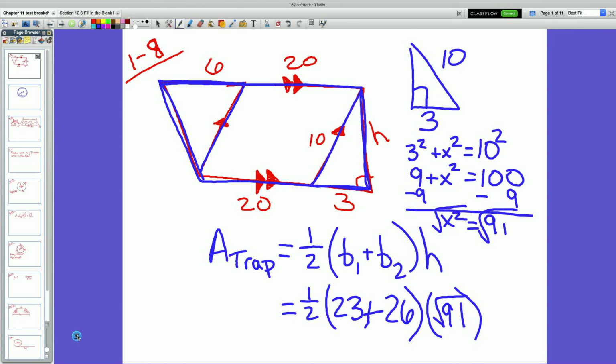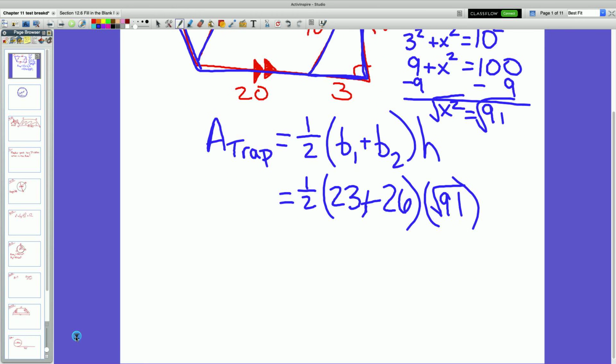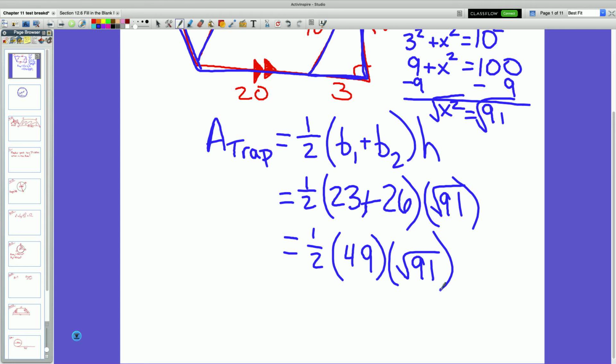And then you're going to type all this into your calculator. So you're going to get 1/2 of, I would go ahead and do this math, so 49 times square root of 91. Let me just pull up my calculator here.